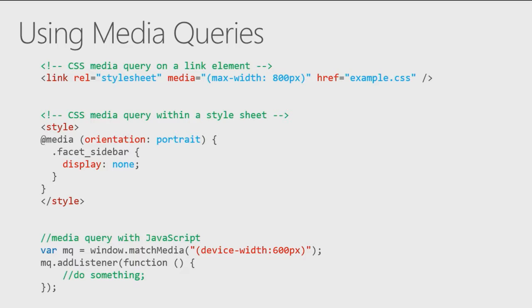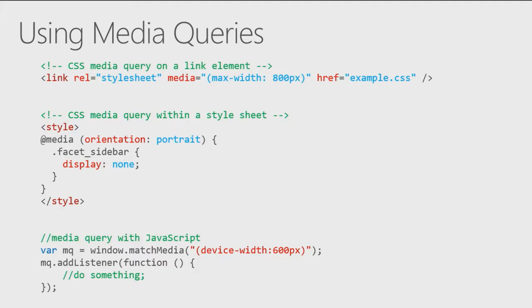We can also do it within the page, so you can see I have style elements there, and then I'm using the @media construct here, and in this case I'm saying if your orientation is portrait, then I need you to apply this style. So I'm going to change it based on how you're looking at me. And finally, we can also do it with JavaScript, so at the bottom you see that we're doing window.matchMedia.